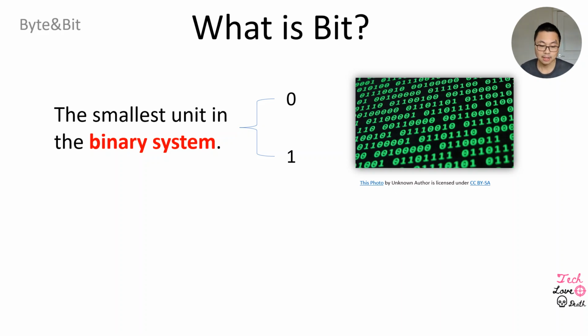So I can show you. This is binary system and this is decimal. 0 is 0, 1 is 1, 2. And because there is no 2 in binary system, I have to find a way to represent 2. We can consider the 2 as 1 plus 1.